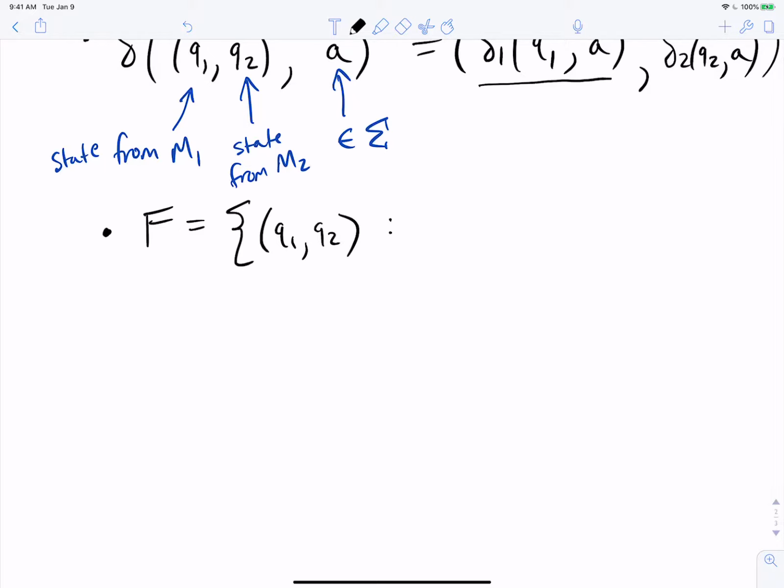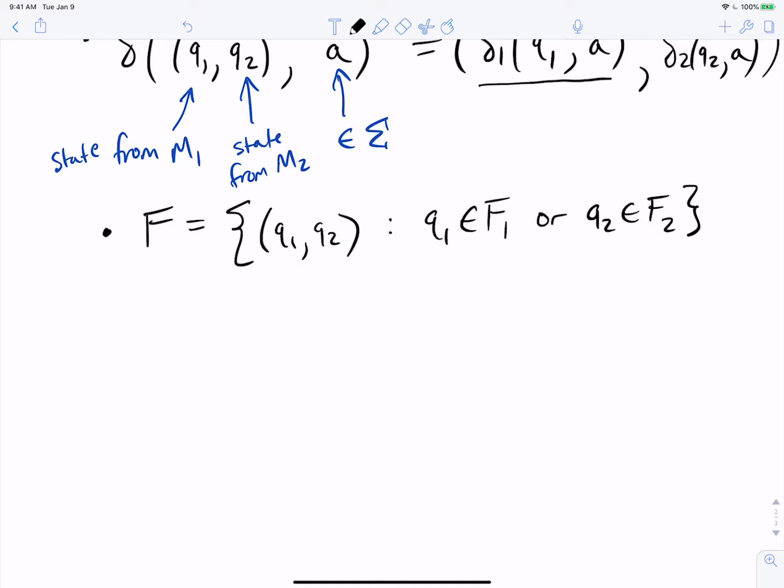Well, how do we figure out whether Q1 is a final state in the first machine? See if it exists in F1. Yeah, if it's in F1, exactly. And then I think for Q2, we just need to check if Q2 is in F2. Excellent. Any questions on that?